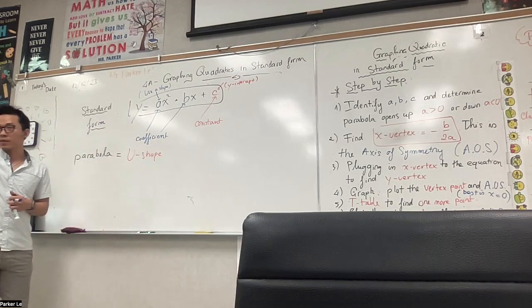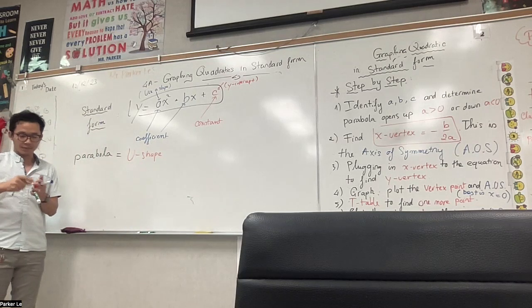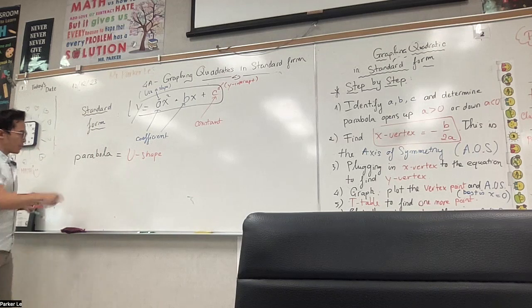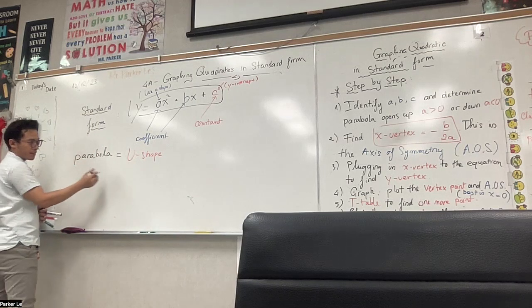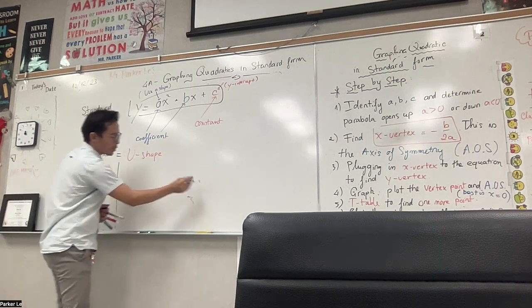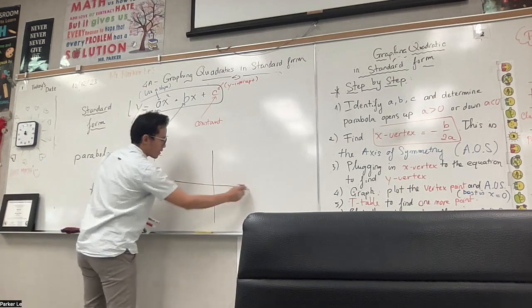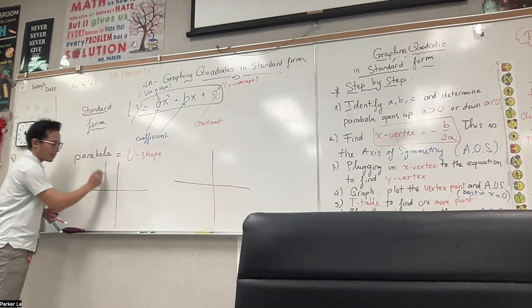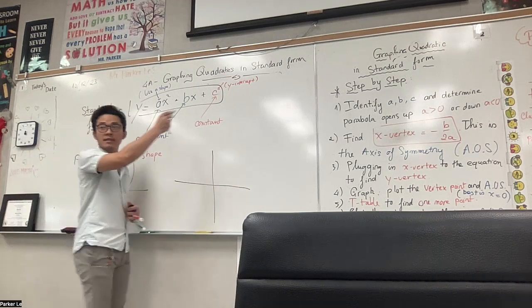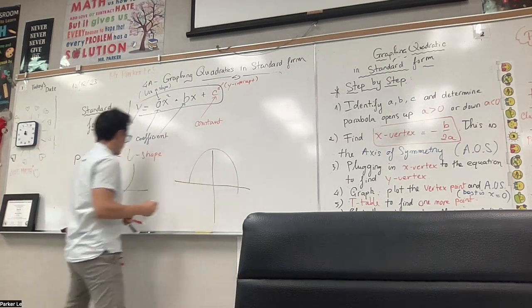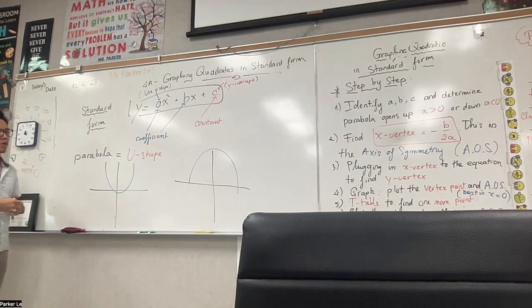It's like a U, right? There are two types of U shape. One is upward, and the other is downward.